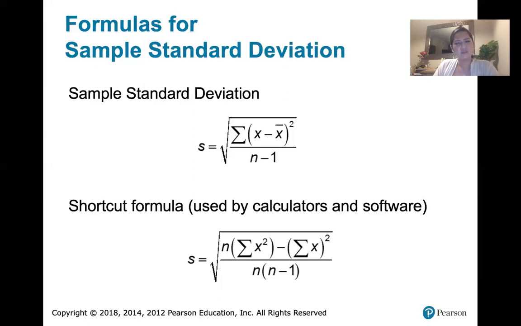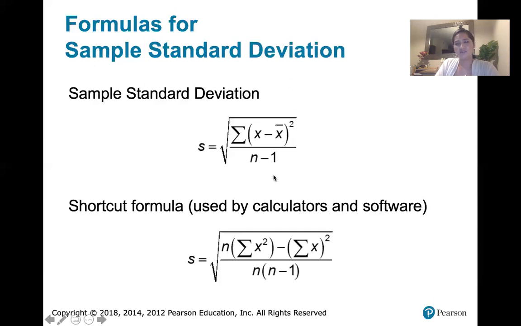But it's important that we do some hand calculations just so that we know what the calculators and the software are doing. And then it's really important that we understand this first formula, that what we're actually measuring is that deviation of the values from the mean.